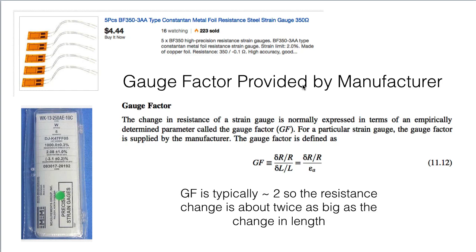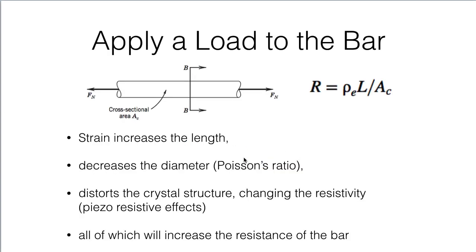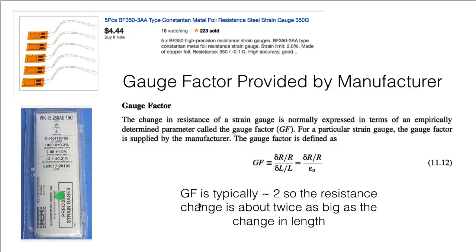The amount that the resistance changes relative to the amount that the length changes is called the gauge factor, and it's provided by the manufacturer. It's a combination of all three of those effects that we saw: increase in length, decrease in diameter, and the crystal structure distortion. It's usually right around a factor of 2.